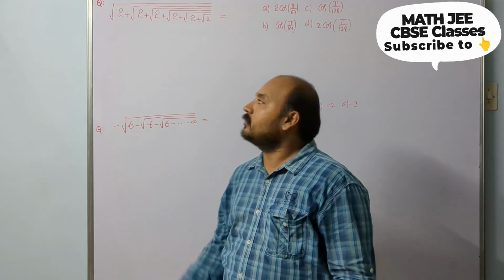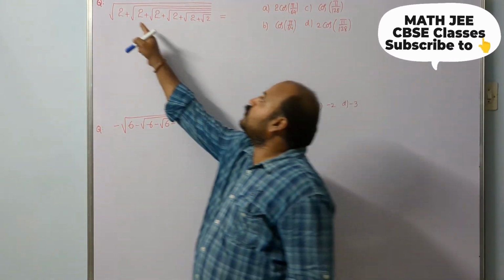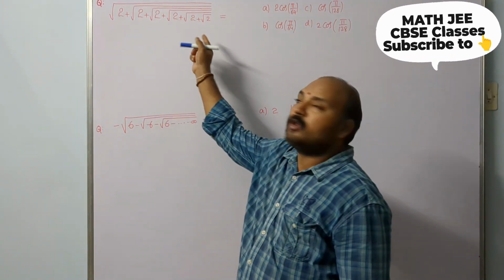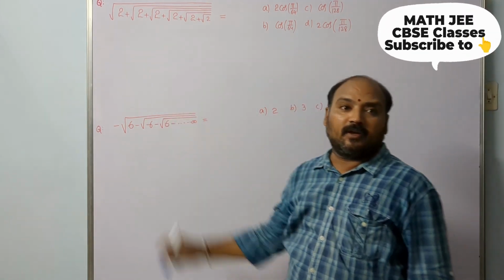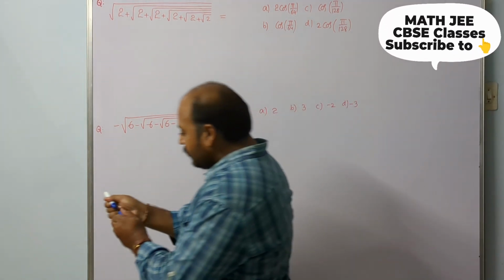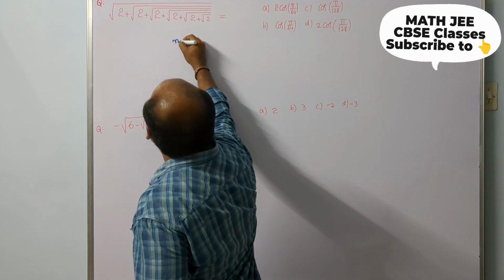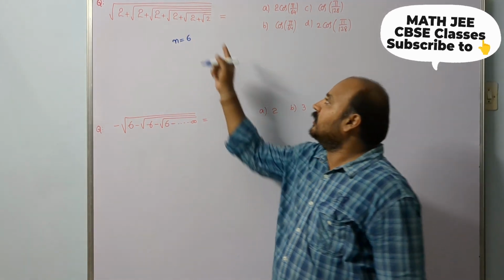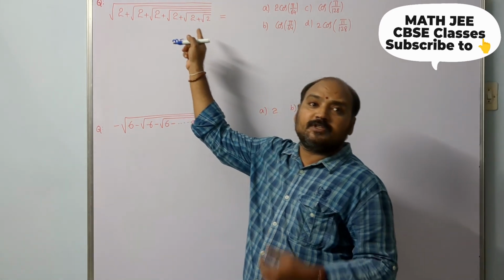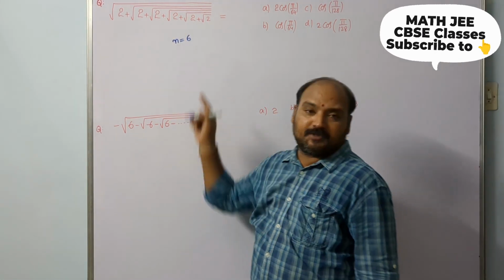The next question: square root of 2 plus square root of 2 plus square root of 2 plus square root of 2, like this 6 times is there. So how many times is there? n is equal to 6 times. Here n represents how many times 2 is repeated, 6 times.